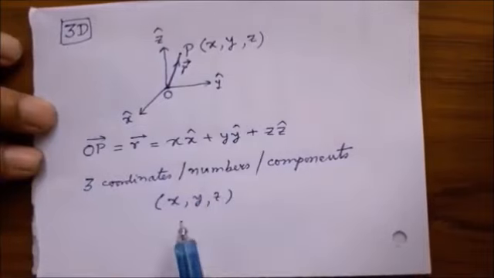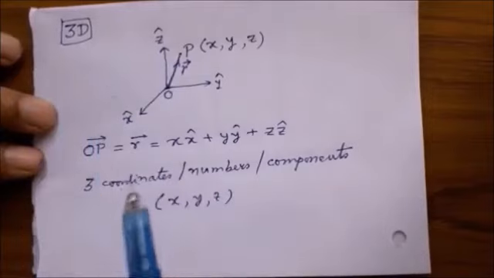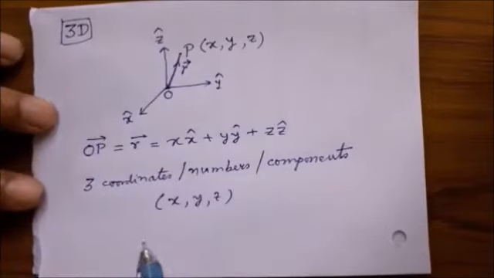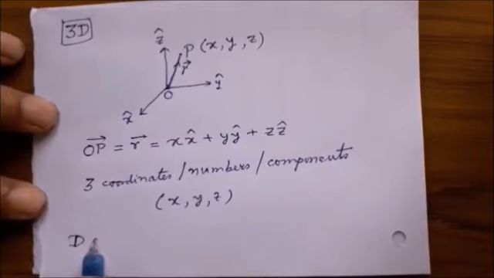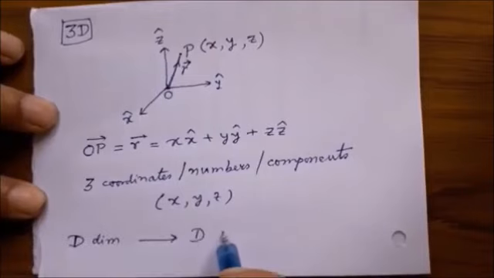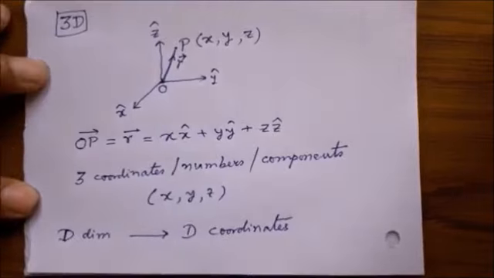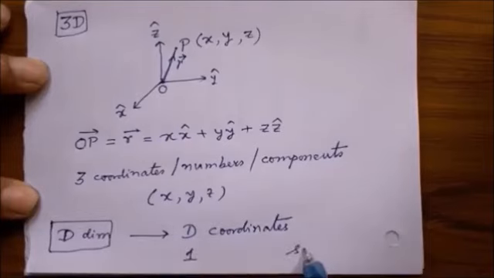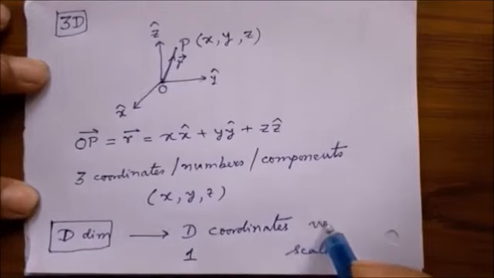In 2D we require 2 components, and in 1D we require 1 component. So in d-dimensional space, or in d dimensions, we need d coordinates or d numbers or components. So let us recapitulate. In d-dimensional space, we require 1 coordinate to specify a scalar, but d coordinates to specify a vector.